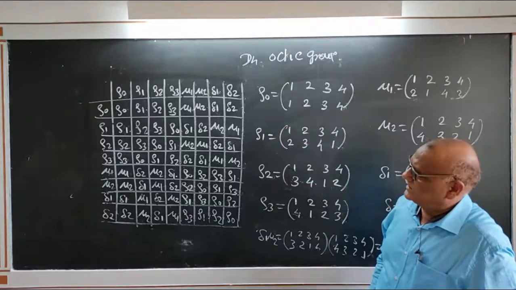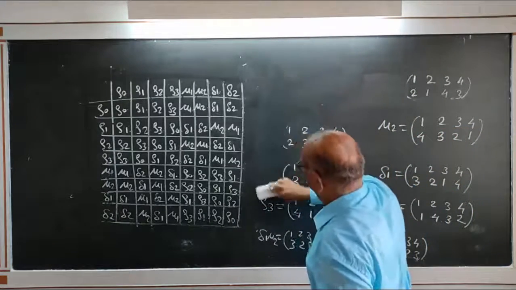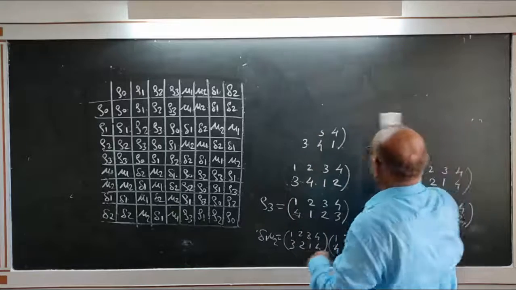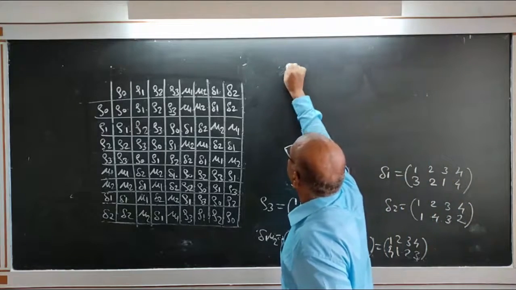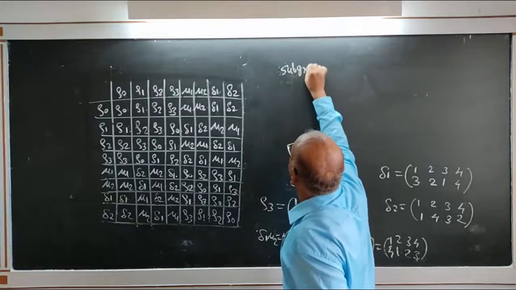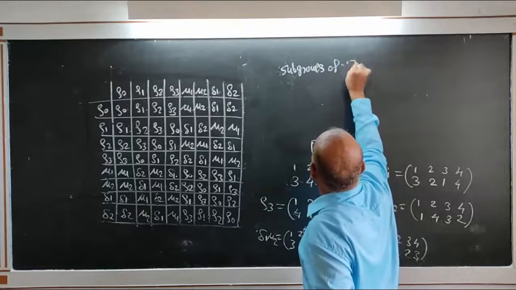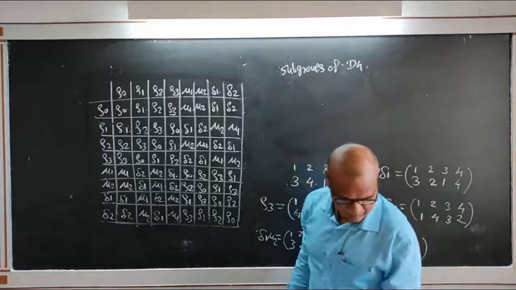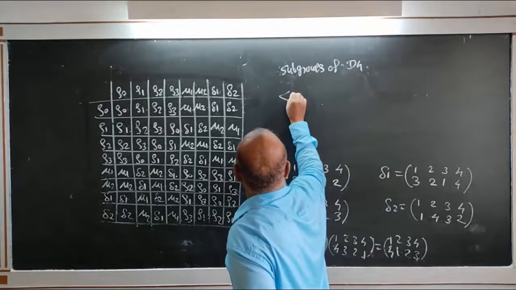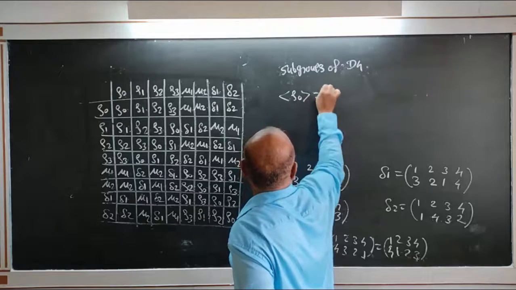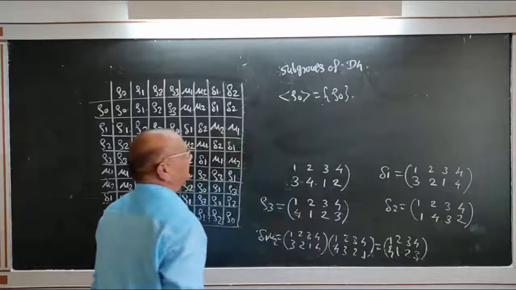Symmetries of a square. Now see here, the subgroups of D4. The subgroup generated by row 0 contains only the identity element.